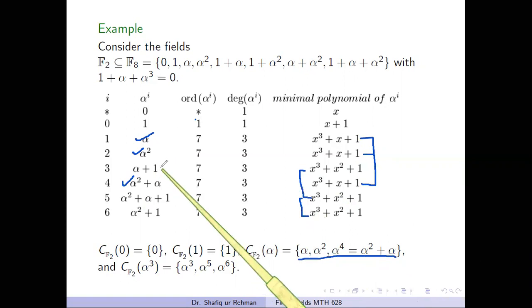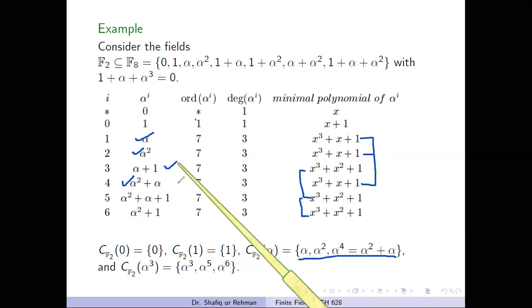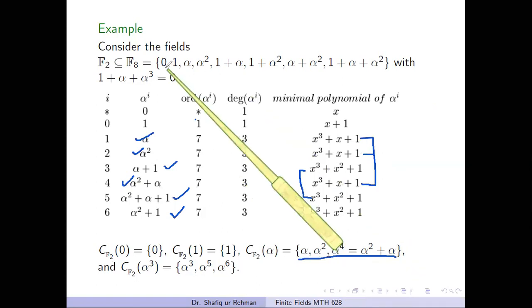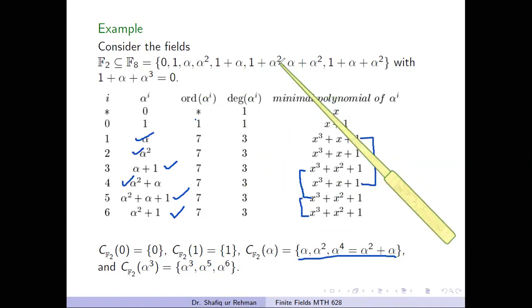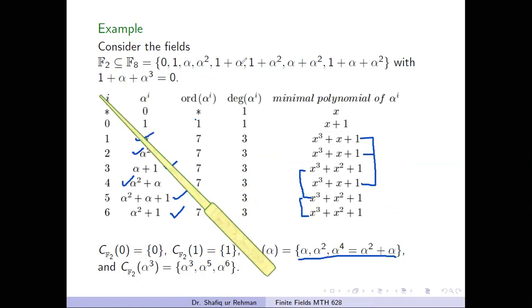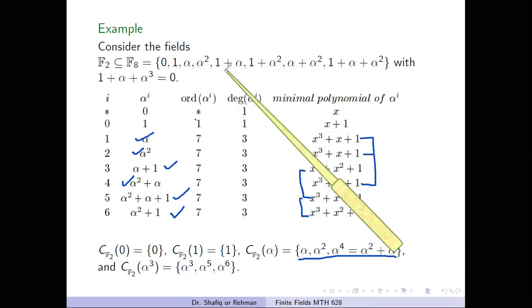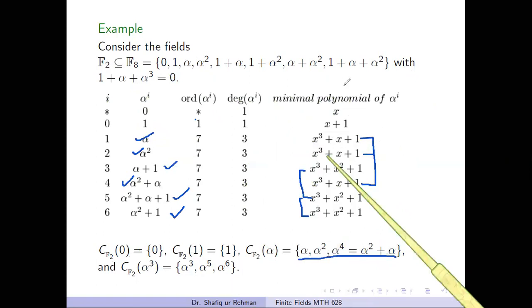So we get alpha plus 1, alpha 5, and alpha 6. These have the same minimal polynomial, so all these three are also conjugates to each other. So this is another set of conjugates. So we can partition this set because here we have an algebraic extension, which is normal, and all the roots belong to this one. So all the 8 elements can be partitioned into these 4 sets of conjugates.